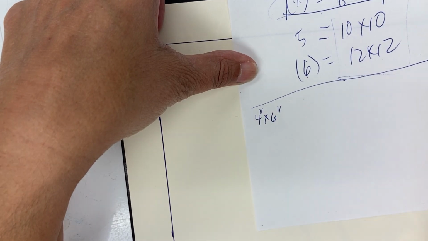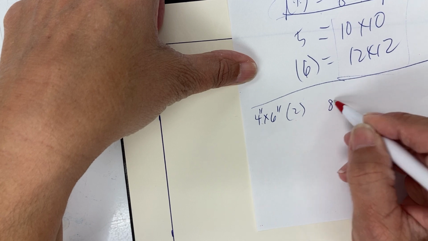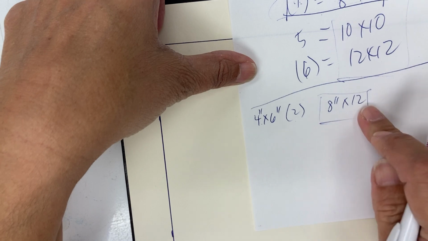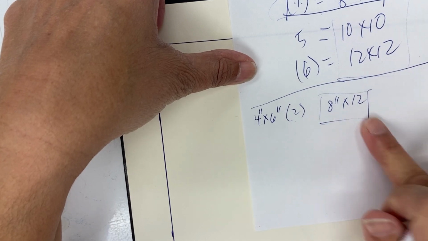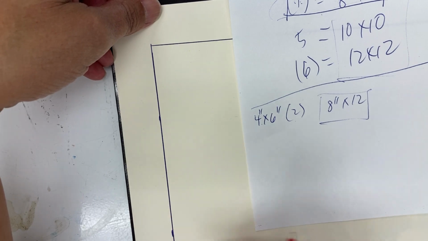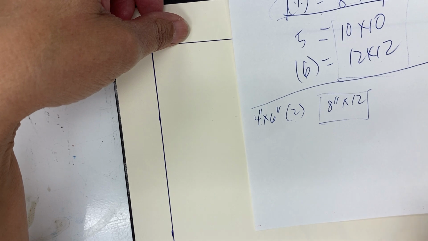What can you do? Well, let's give it a shot. If you made it 2 times bigger, it would be 8 by 12. So guess what? That fits perfectly inside your sketchbook, except you'll have 1 inch at the top, I think, that you won't use, okay? But the measuring is extremely important, and I'll explain to you why.